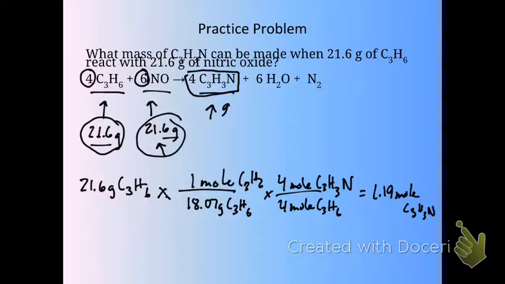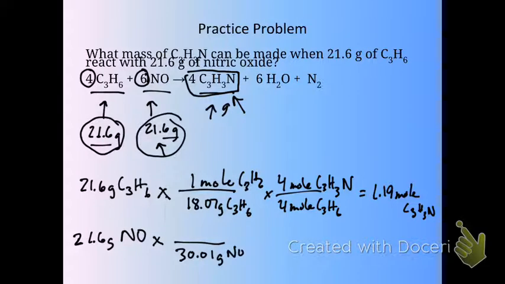All right, now we're going to do the same thing, but with the NO. What if I have 21.6 grams of NO? How many moles of C3H3N would I produce? Here's the molar mass.